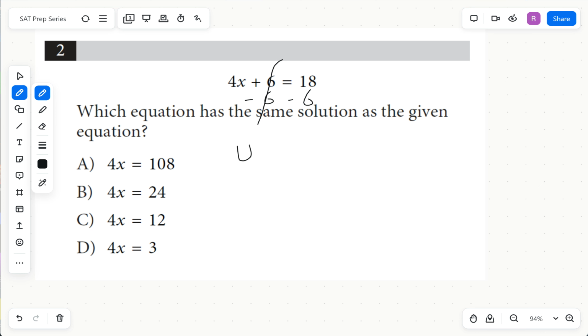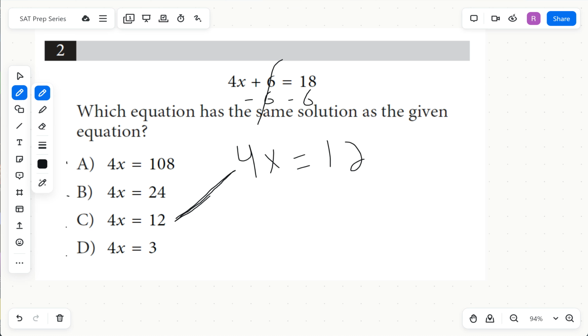And what we'll end up with is 4x equals 18 minus 6, which is, of course, 12. And so you don't actually have to go any further, right? Some people might try and actually solve this equation for x and then solve answer choices A, B, C, and D for x and find the answer choices that match. But on a timed exam, anything you can do to save yourself time is going to be beneficial to you.